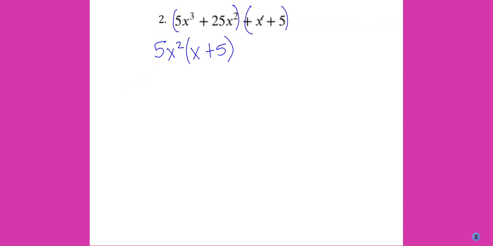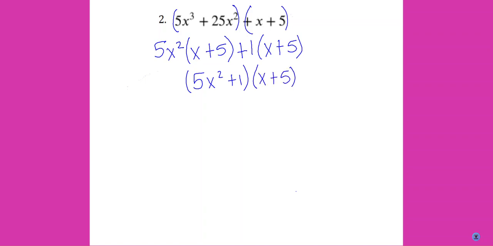It appears that x and 5 don't have a greatest common factor, but remember, everything's divisible by a factor of 1. So if there's nothing else that you can factor out, you can always factor out a 1. So then our factors would be 5x squared plus 1 and x plus 5.